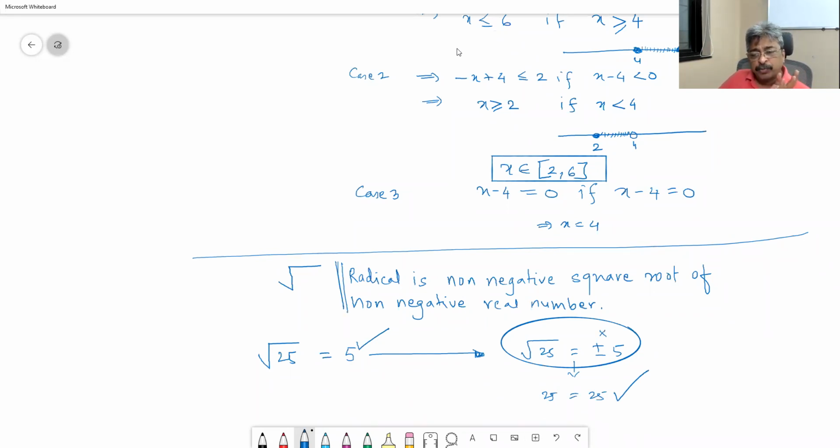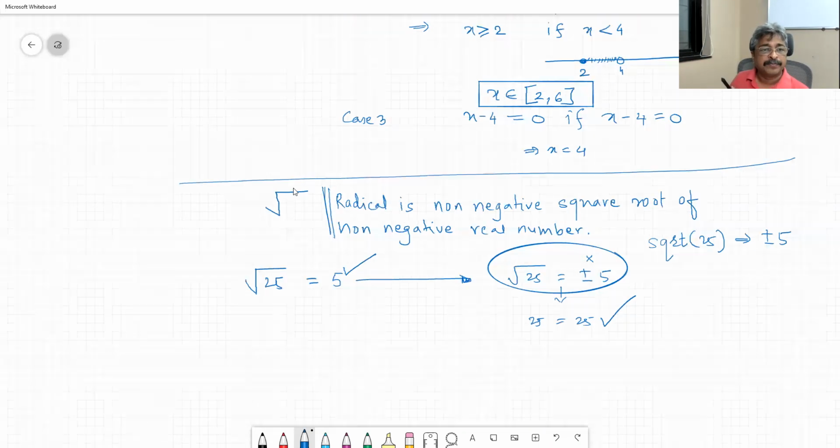From a pure mathematics point of view, if it is the square root of 25, then the answer is plus or minus 5. But if it is radical 25, the answer is 5. Now, what is the confusion? Let me explain.